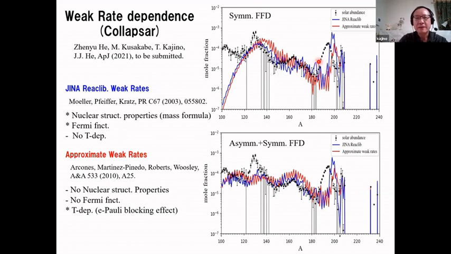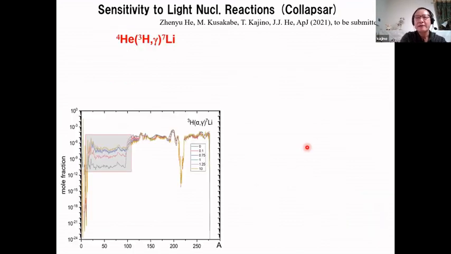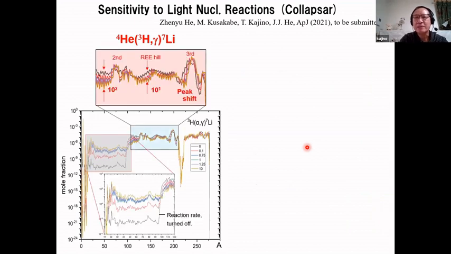But the approximate weak rate, using the result of Alcones et al., just adopting the temperature dependence, which is Pauli blocking, gives results that are at least a factor of 2 or 3 different from each other. Okay, all these are the differences. And finally, sensitivity to the light nuclear reactions in the collapsar is also very big. One or two orders of magnitude, depending on the reaction rate uncertainty of this one or this one.